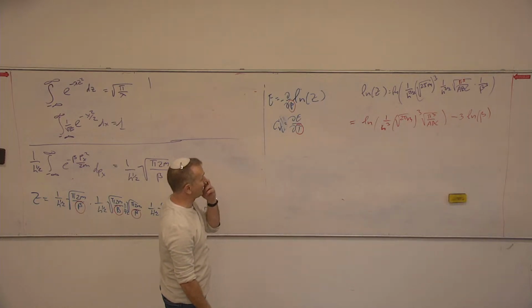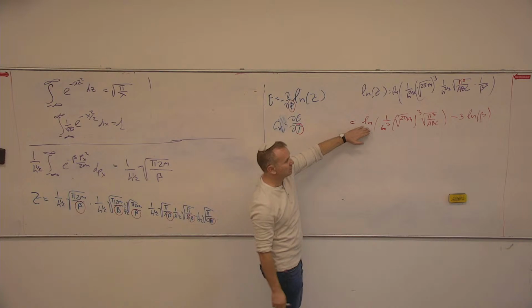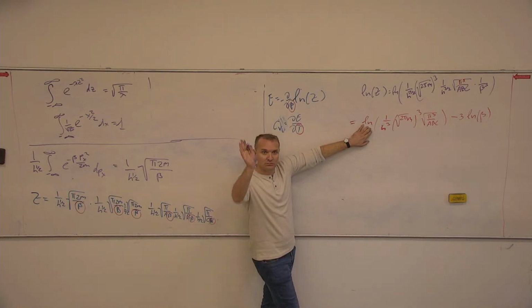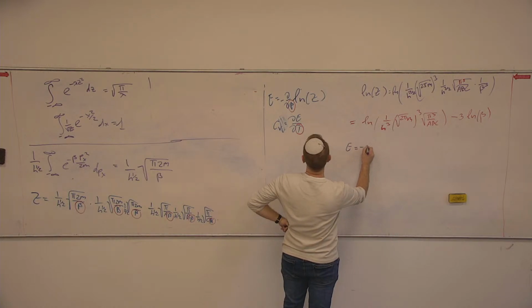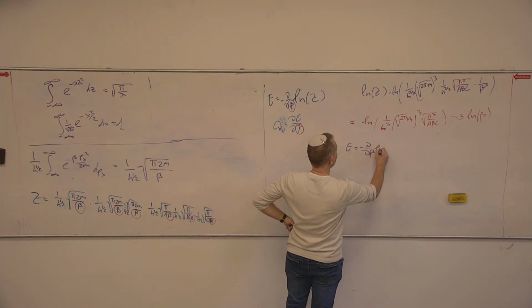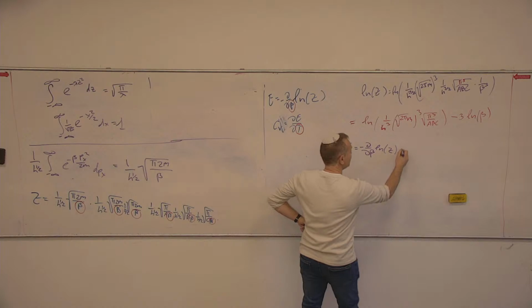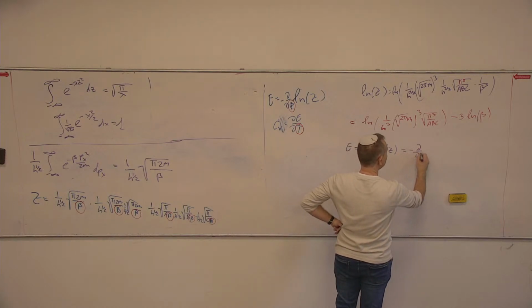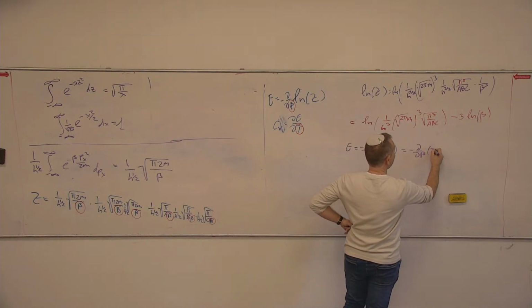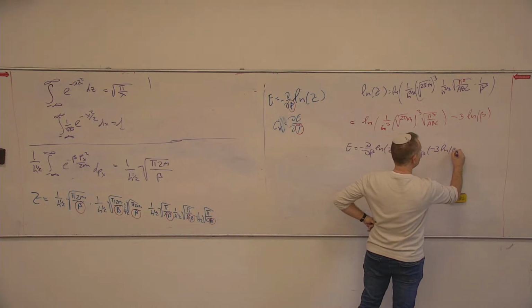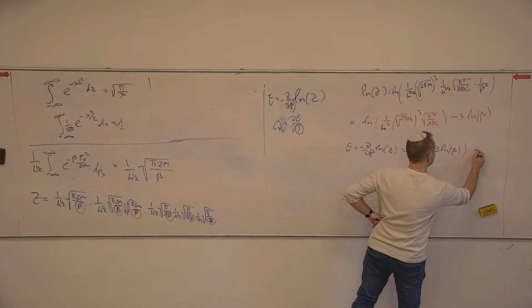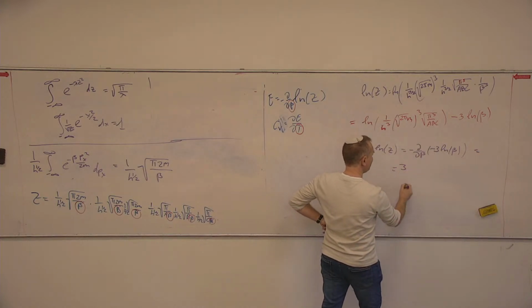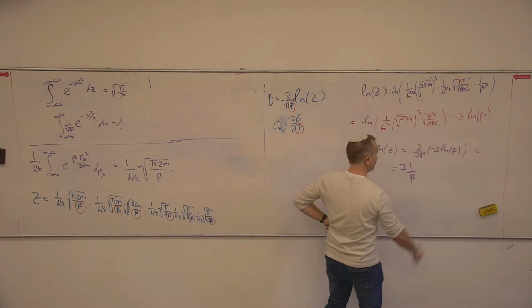It really doesn't matter. So all these constants vanish when you take E equals minus d over d beta of log Z, right? It's minus d over d beta of minus 3 log of beta, which gives you 3 times 1 over beta.